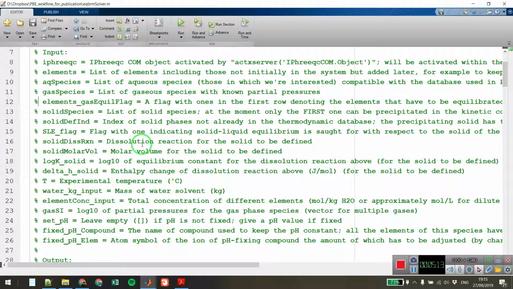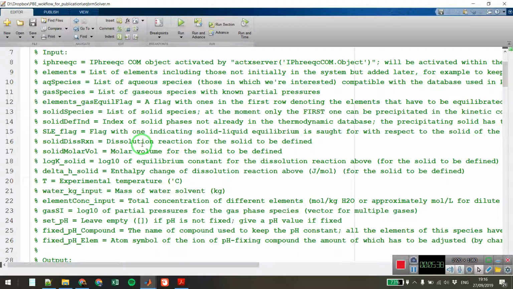So we have a 2-row matrix. In the first row, we have the index of the element that has to be enforced by gas-liquid equilibrium. And in the second row, underneath that specific element, we have the index of the gaseous species that we use for enforcing this gas-liquid or vapor-liquid equilibrium.